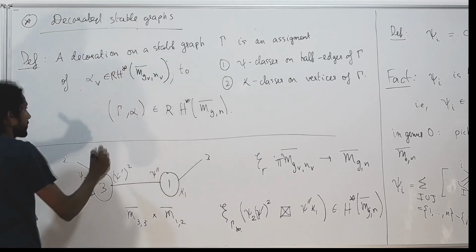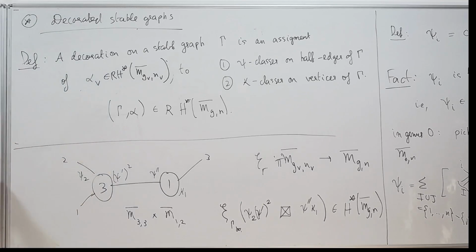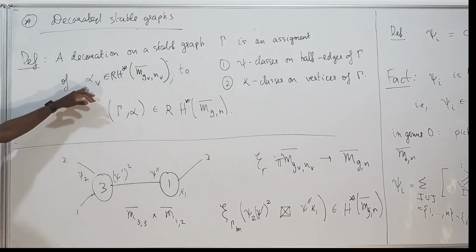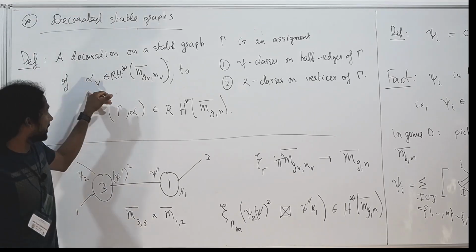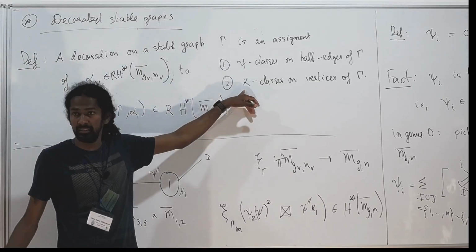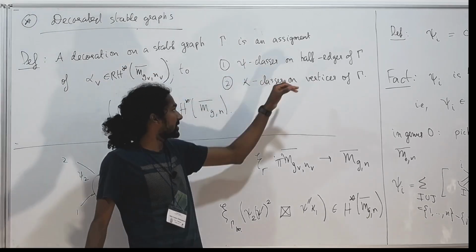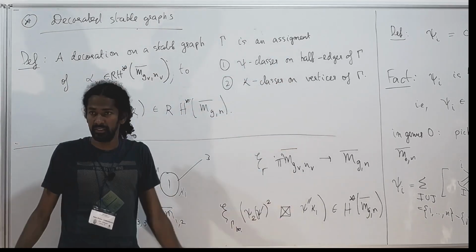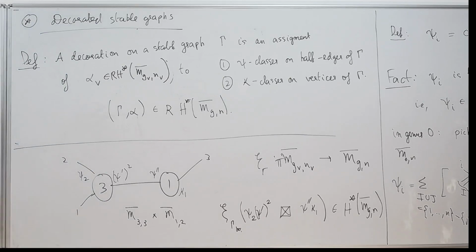For every vertex I have some alpha v, and alpha v is only a collection of psi classes and kappa classes, where the psi classes are assigned to the half edges and kappa classes are assigned to the vertices. But you don't need to assign to every vertex. It could be 0. Yeah, that's right.